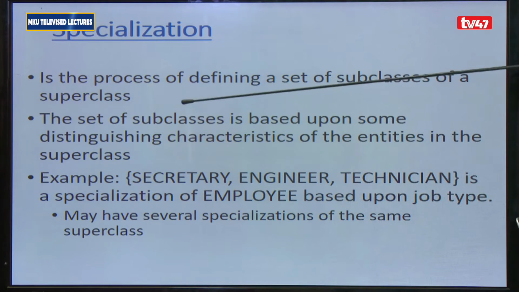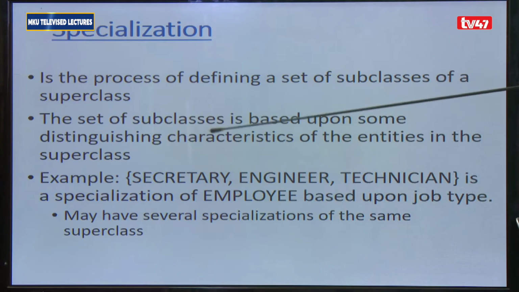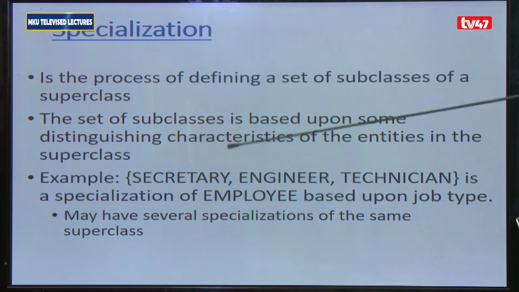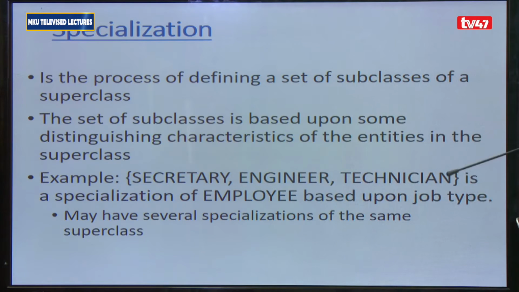So specialization is the process of defining a set of subclasses of a superclass. The set of subclasses is based upon some distinguishing characteristics of the entities in the superclass. So an example, secretary, engineer, technician is a specialization of employee based upon the job type.